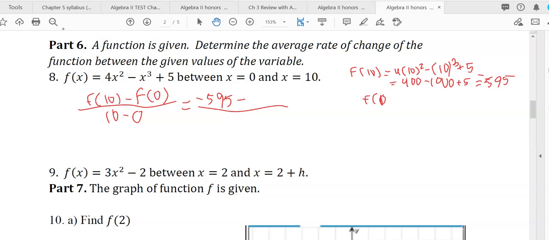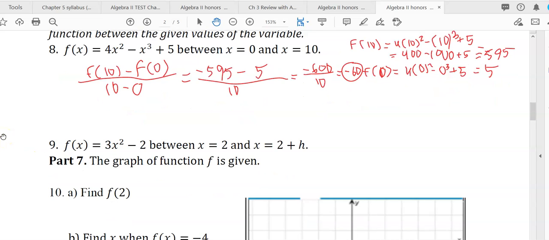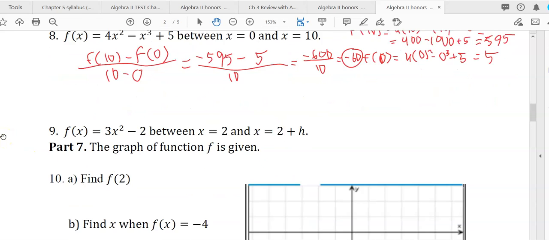Well, that should be easier to plug in. So we get 4 times 0 squared minus 0 to the third plus 5, which is just 5. So minus 5 over 10. Oh, this works out nicely. So we get negative 600 over 10, which is negative 60 over 1, which is negative 60, which I think would be the answer here. A rate of change of negative 60, basically.